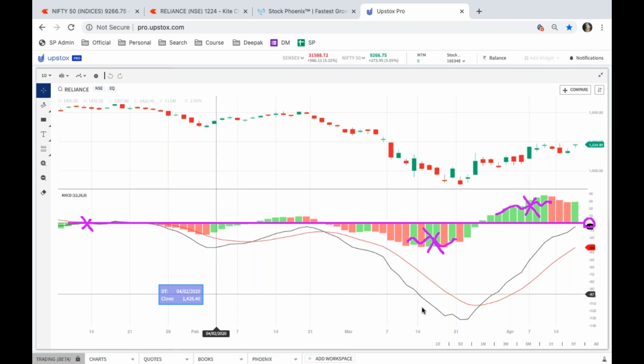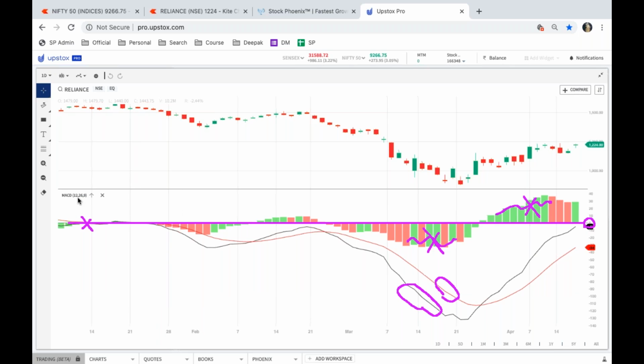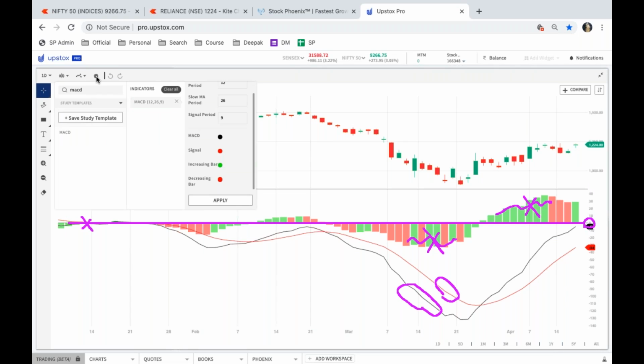So this is called the MACD line. The black line is called the MACD line, and the red line is called the signal line. Let me check one more time. Let's confirm that. So the black line is right.